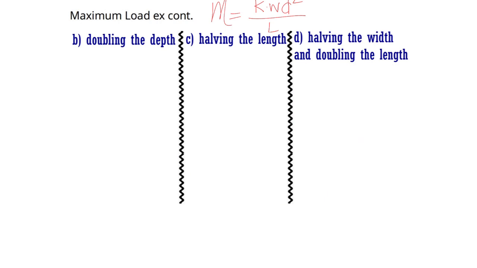Okay, so I'm just going to keep doing the same thing. I'm just going to change different things. All right, so this time I'm going to double the depth. All right, that's making it stronger. I know it's going to make it stronger because it's more stout the deeper it gets. How much stronger? This is a little bit different scenario because your width is staying the same, but now instead of it being a D, it's going to be a 2D squared.